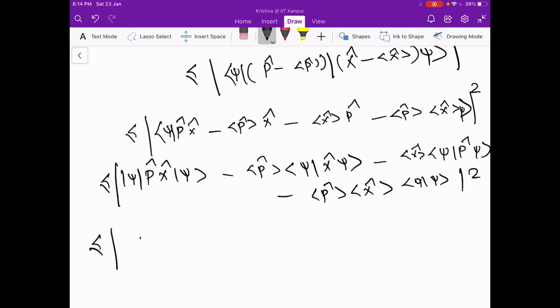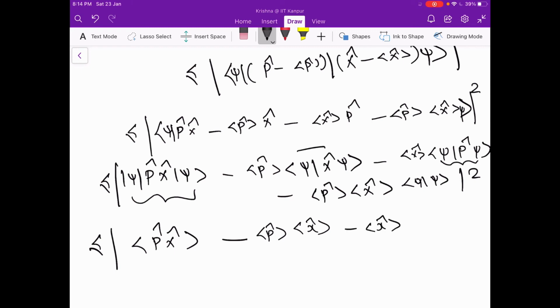this is an expectation value of p hat x hat, right? This number minus this is expectation value of x. So this is an expectation value of x, so you got it here, minus expectation value of x, and this is expectation value of p, right?